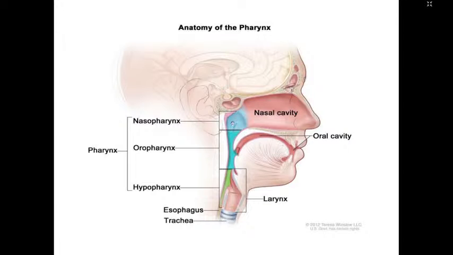This is nasopharynx, then the uvula, oropharynx and laryngopharynx. This is the esophagus, and then you can see these incomplete tracheal rings. Posteriorly these C-shaped rings are absent, so they are called incomplete tracheal rings. They maintain the shape of the trachea so that it doesn't collapse under pressure.